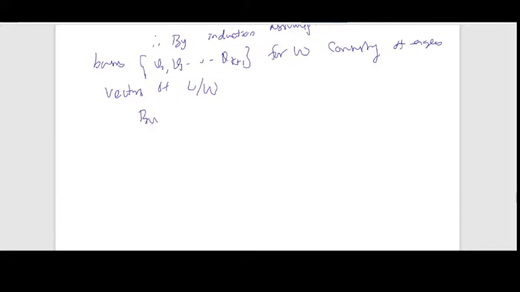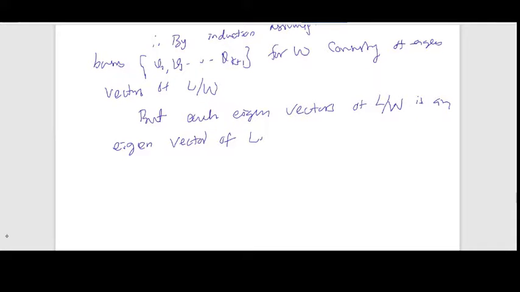But each eigenvector of this restriction is an eigenvector of L also. We have V1 from capital V, which is the eigenvector of L, so we include V1 in this set.